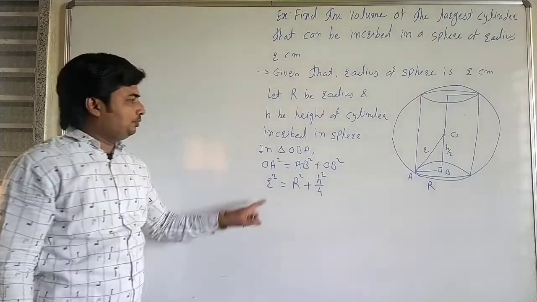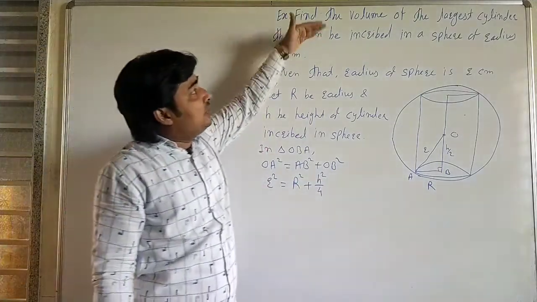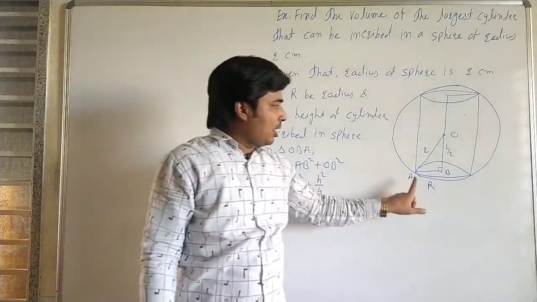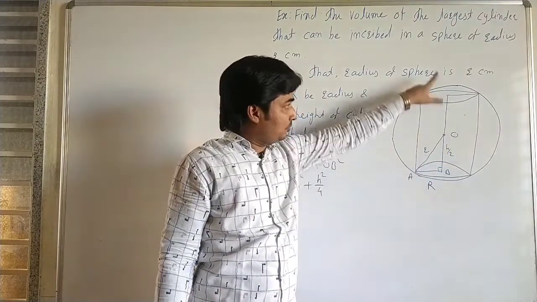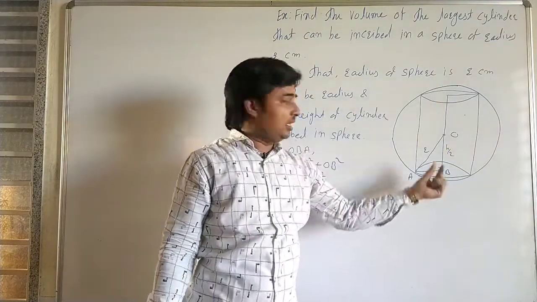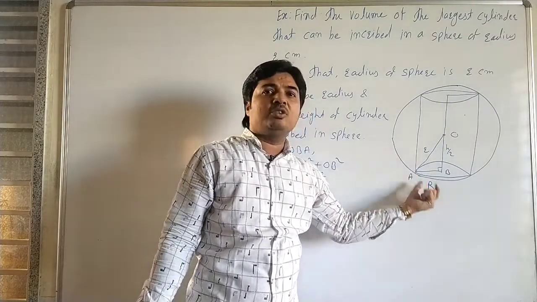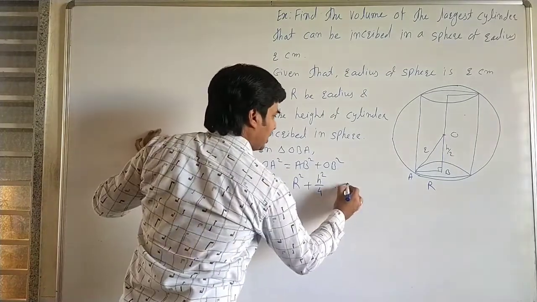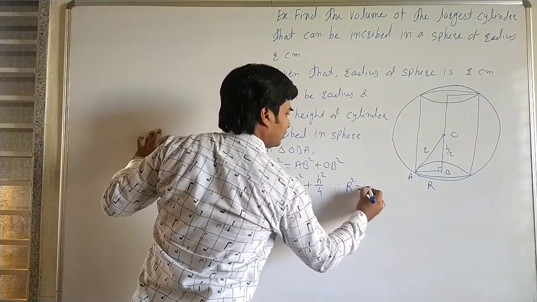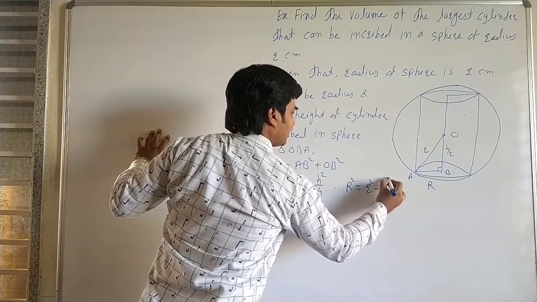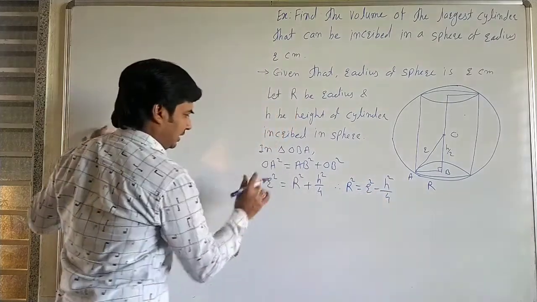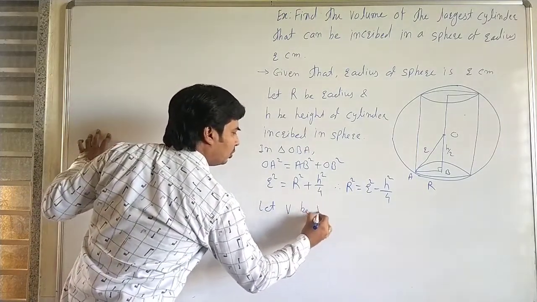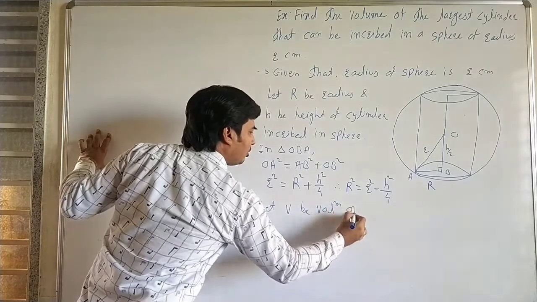Then we find the maximum, largest volume of the cylinder. The volume of the cylinder is pi R square H, where capital R is the radius of the cylinder. Therefore we can write R square is equal to small r square minus H square by 4. Let phi be the volume of the cylinder.